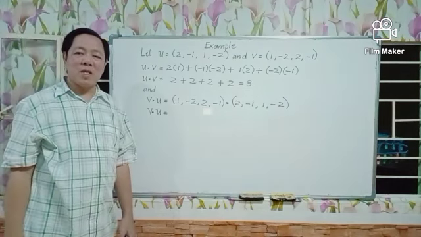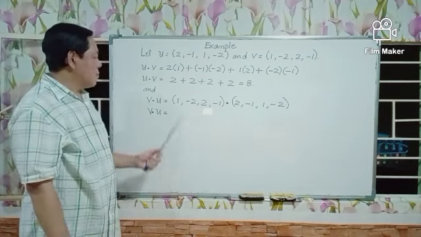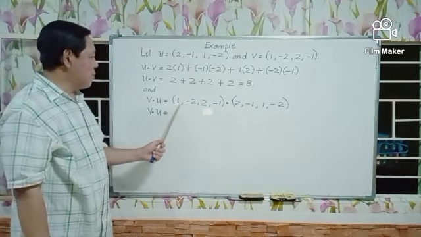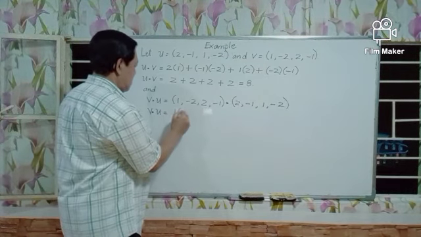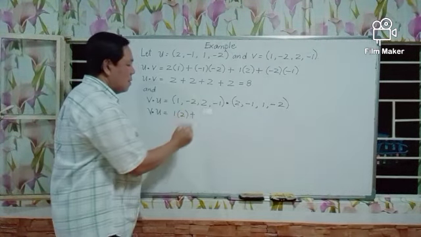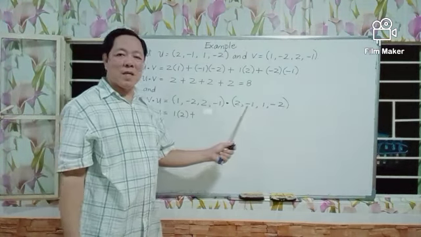Now we multiply corresponding coordinates and we add the products. We multiply the first coordinates, 1 multiplied by 2. Plus multiply the second coordinates, negative 2 by negative 1.